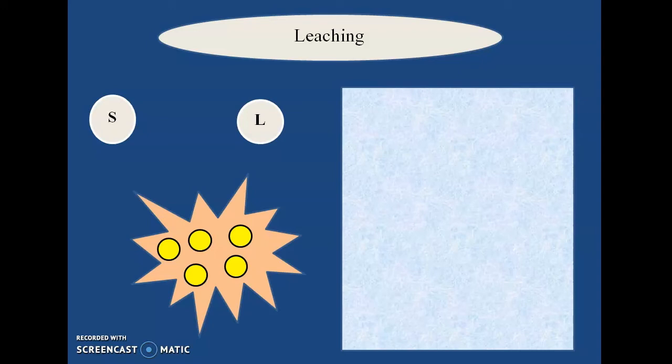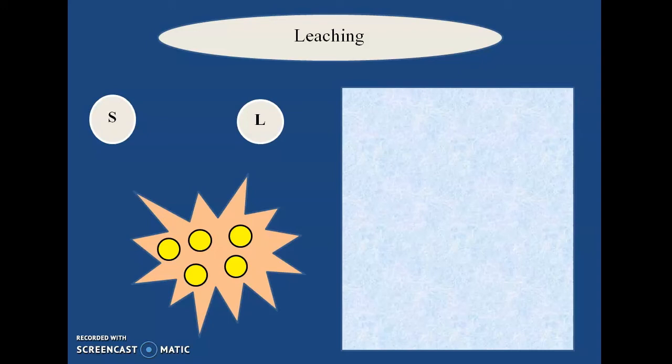That means mass transfer takes place between the solid phase and the liquid phase. When you consider a solid phase containing some solute particles, again these yellow particles denote the solute which is of interest, which is of major concern and to be separated from this solid phase. And when you consider some liquid phase, here the blue color represents the solvent selected for separation.